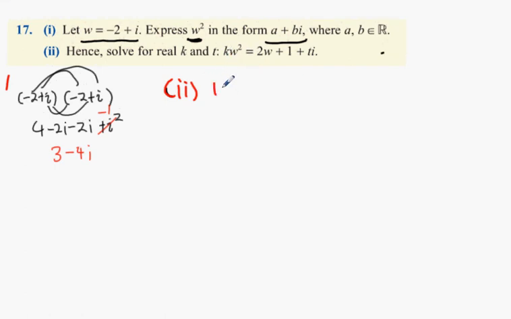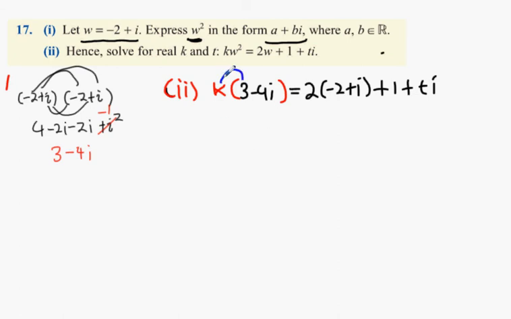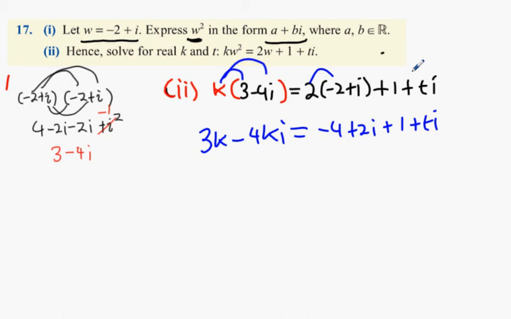So what is the answer for w squared again? 3 minus 4i, and then equals 2 times w, so 2 times minus 2 plus i, after that, plus 1 plus ti. Multiply it out. 3k minus 4ki equals minus 4 plus 2i plus ti.